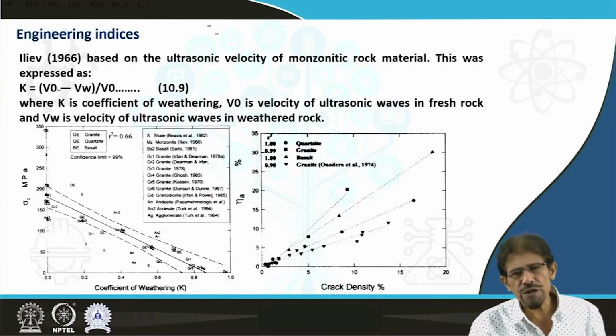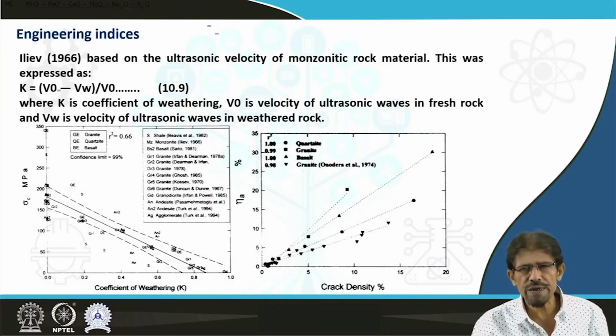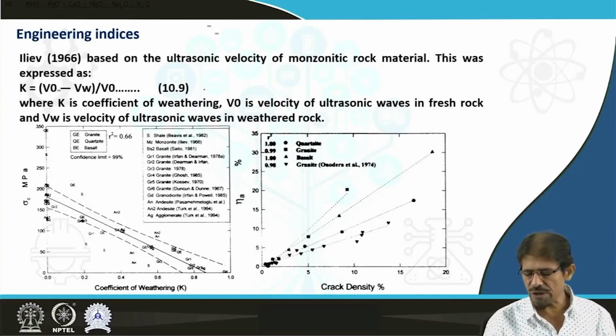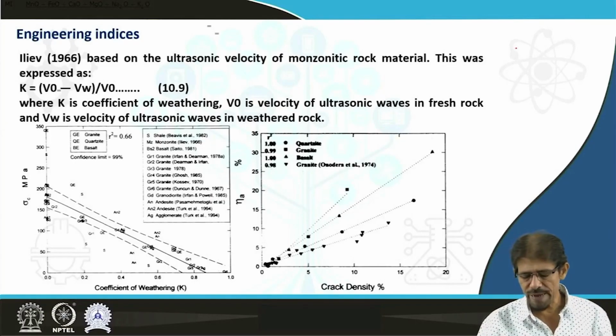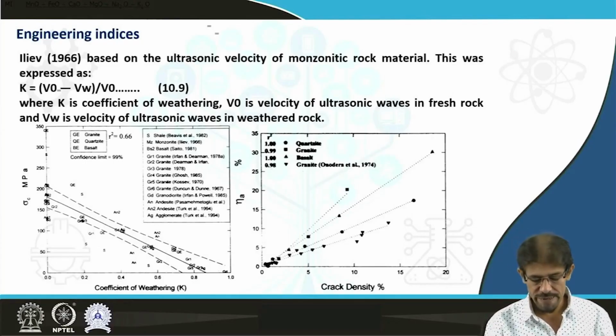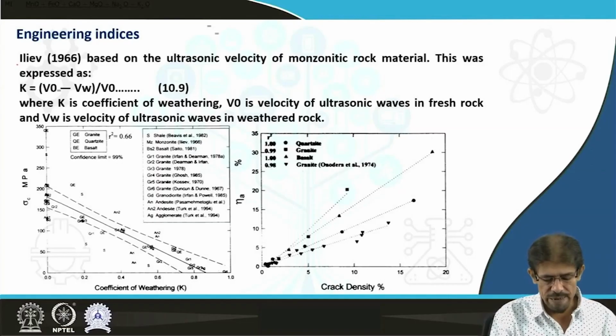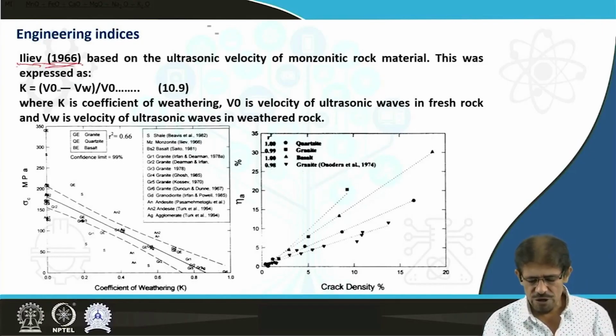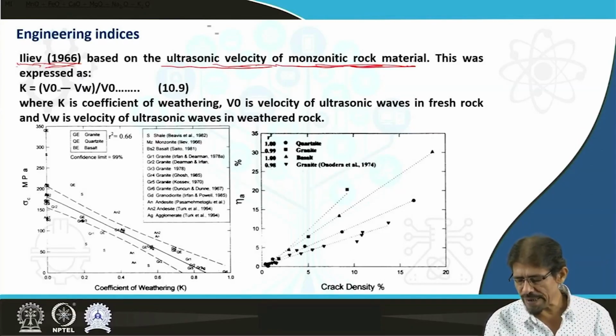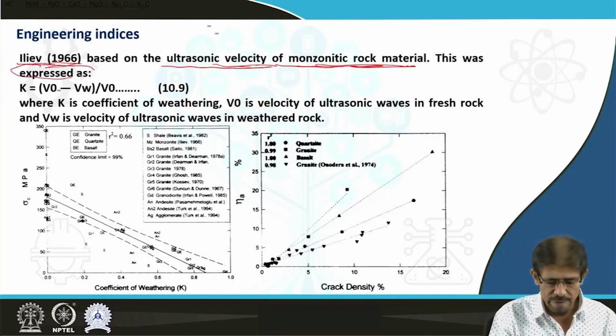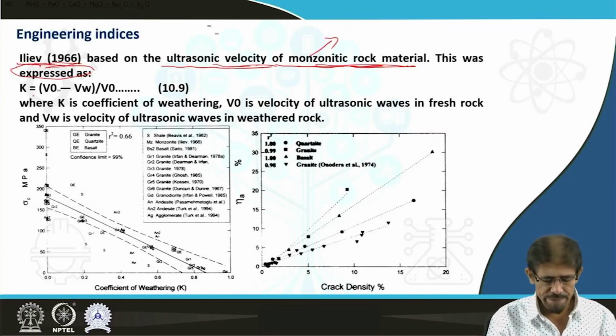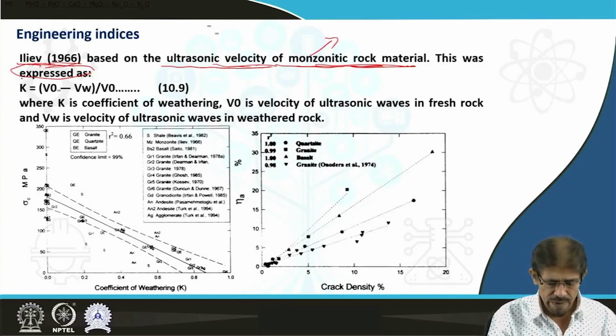In addition to this, we have engineering indices. Engineering indices are very simple, based on some instruments and other methods. One approach was made by Iliev in 1966, based on ultrasonic velocity in monzonitic rock, an igneous rock, and in this particular experiment he suggested K, the coefficient of weathering.